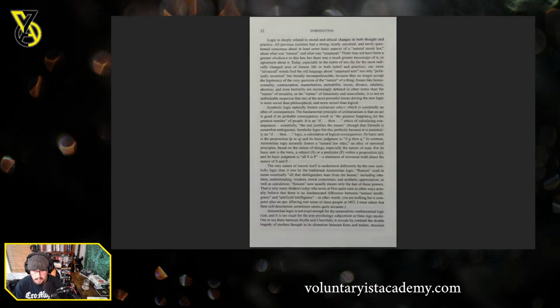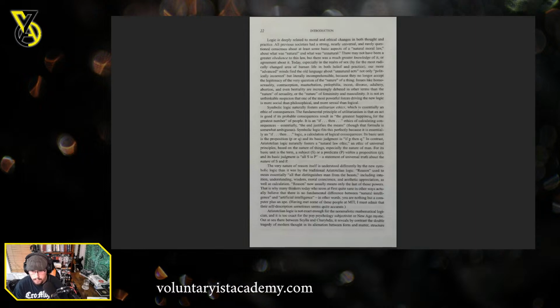So predicate could be uppercase P, and within the proposition, lowercase p. And its basic judgment is, quote, all S is P, end quote, a statement of universal truth about the nature of S and P.